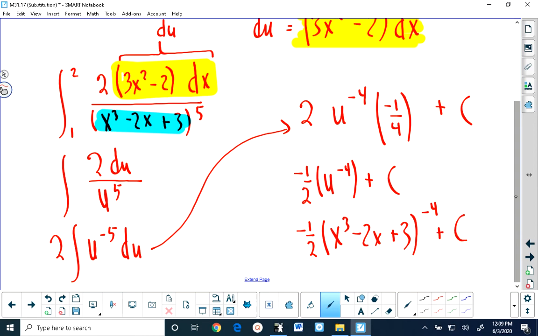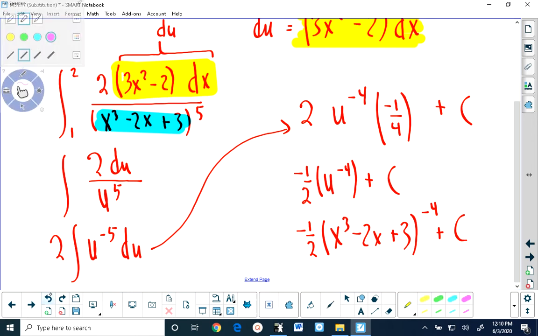Now let me explain to you why I removed the numbers 1 and 2. These numbers up here, the 1 and the 2, are referring to x. As soon as I write an integral with u, I can't use those numbers anymore. Now there's two things you could have done here.